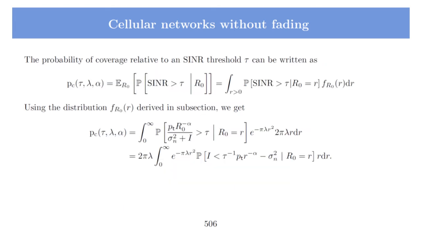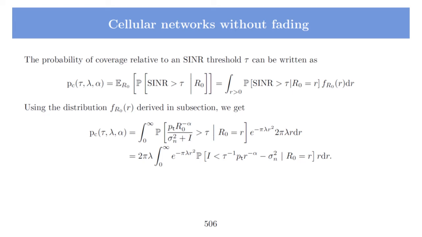Now let's come back to the coverage probability. We will see the coverage probability is equal to the probability that SINR is more than threshold. We apply the same method. We will condition with respect to the serving base station, because conditioned on the serving base station we know the distribution of interference. So we will say that conditioned on R0, the location of the serving base station, the probability of SINR greater than tau is the inner term, and then we decondition with respect to the distribution of R0, which we know.